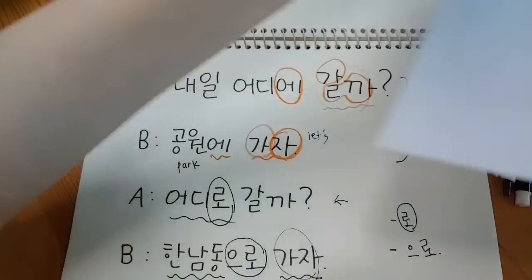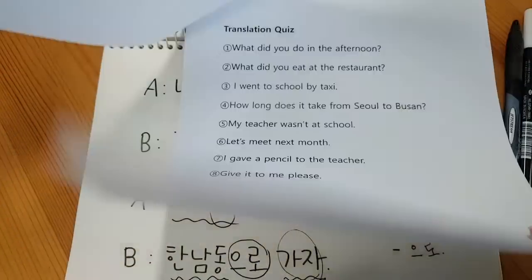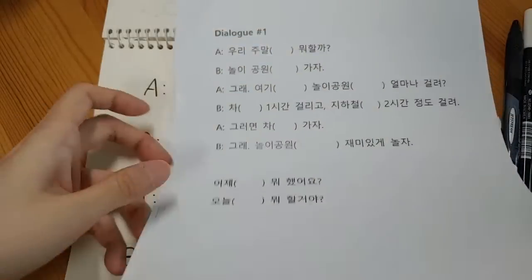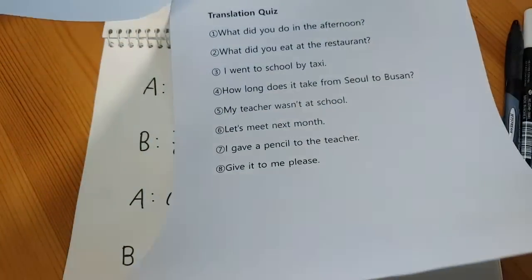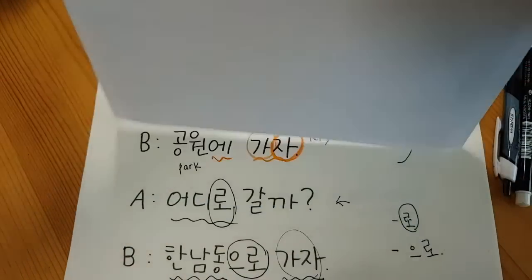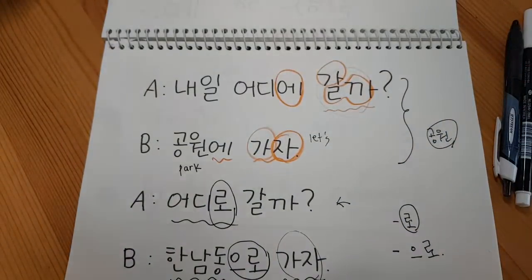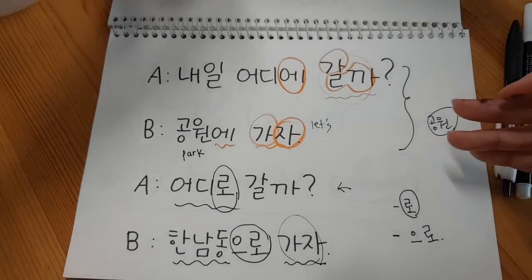I was planning to do all the quizzes here. It's like 3 pages, but I don't think we can finish this. Maybe I will have to do another extra live class to follow up on what we haven't finished in this live session.